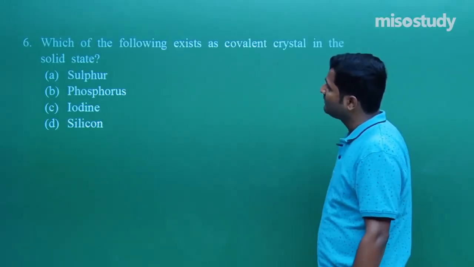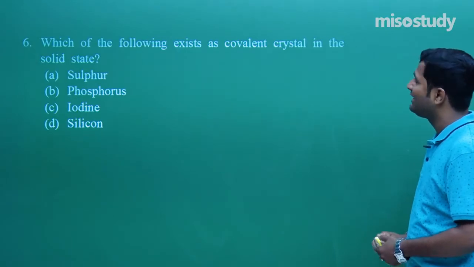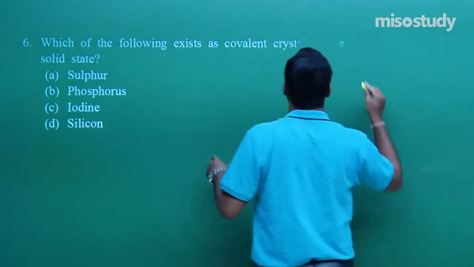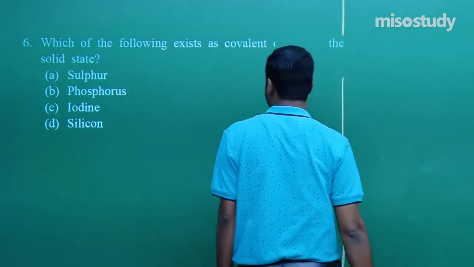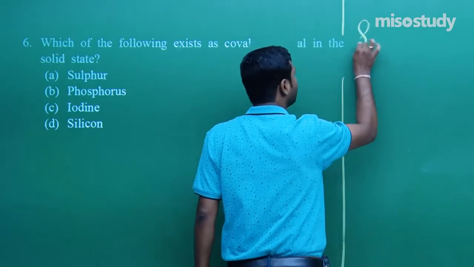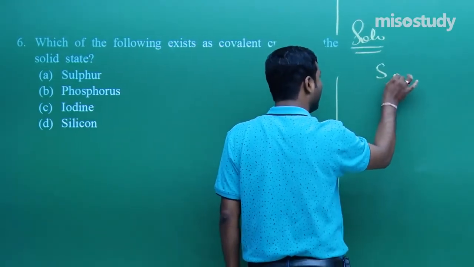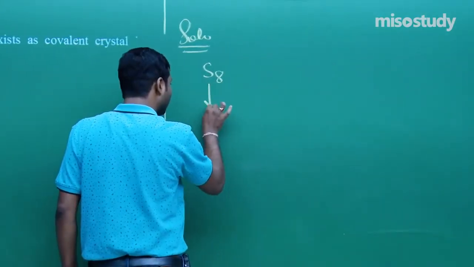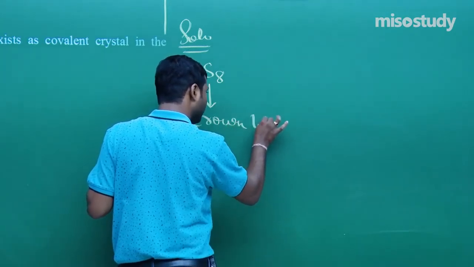Now for question number 6, which of the following exists as covalent crystal in the solid state? This is again a simple question. You can easily solve it, it's theory based. As I told you, this chapter is completely theory based. As we all know, sulfur exists as S8, remember this, and this has a crown like structure.